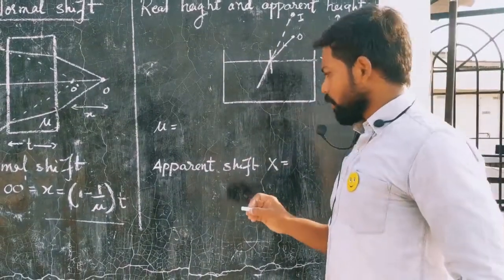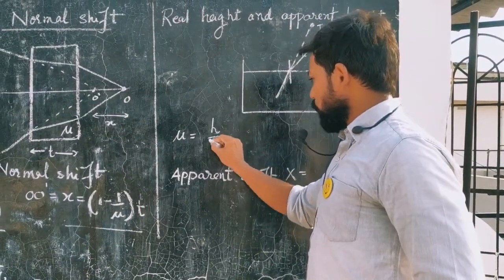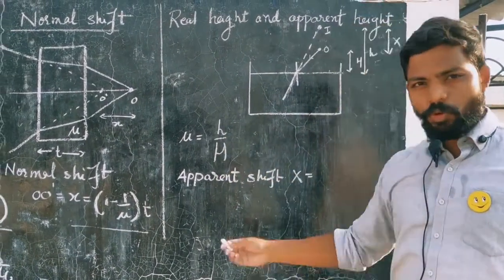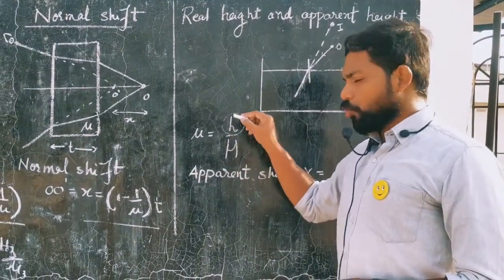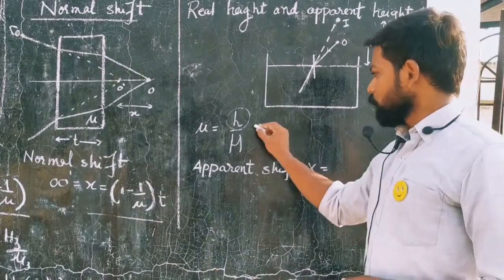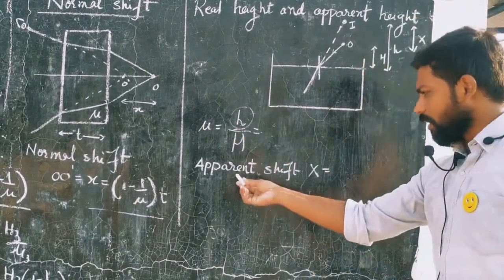So I will write mu is equal to small h by capital H, because we know the mu value cannot be less than 1. So I have to write a bigger value in the numerator, right? So this is the apparent height by real height. Now we can derive the formula for apparent shift.